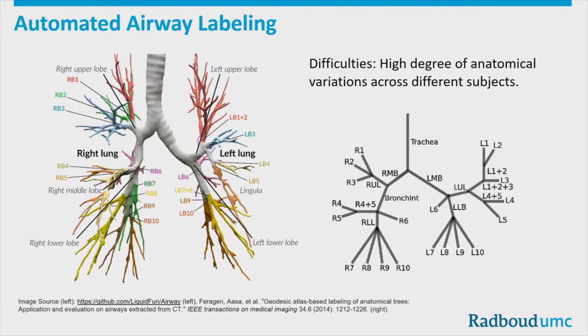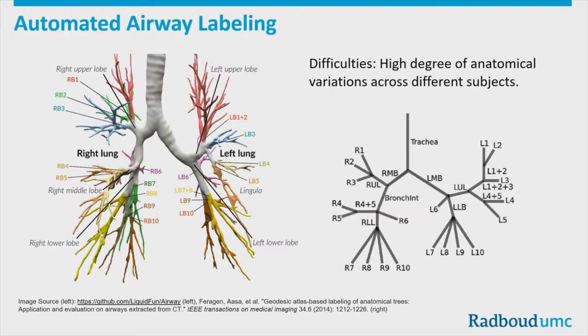On the left side of the image, the focus of this project is that we want to label the 18 segmental branches. That is indicated by different colors on the left image. So on the right side we have RB 1 to 10. On the left side we have 8 segmental branches.